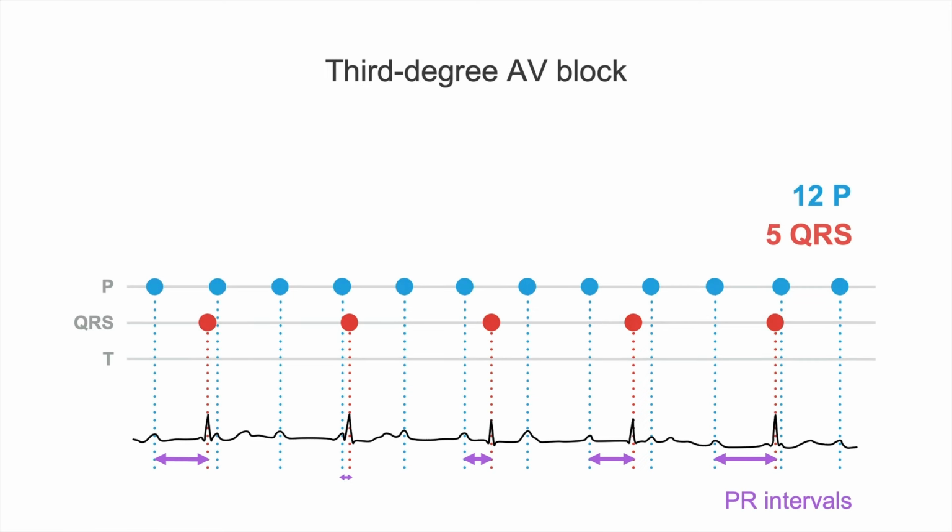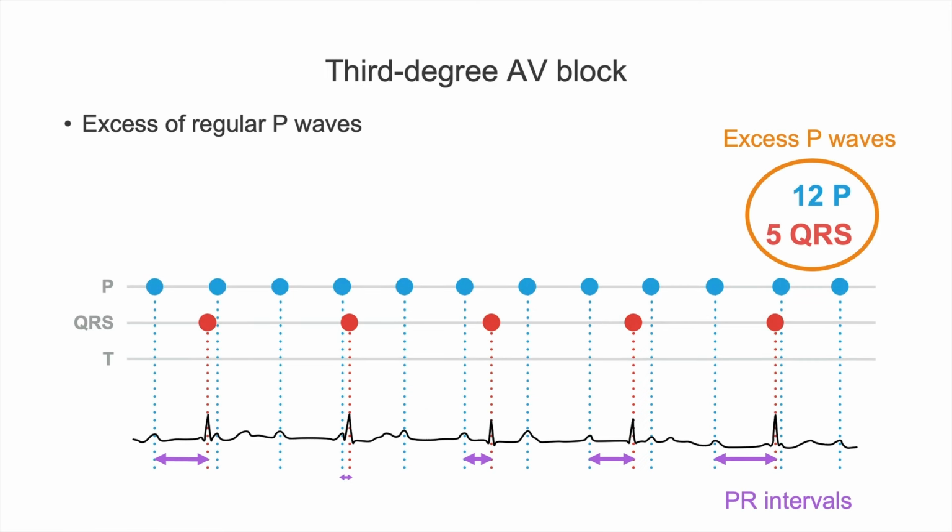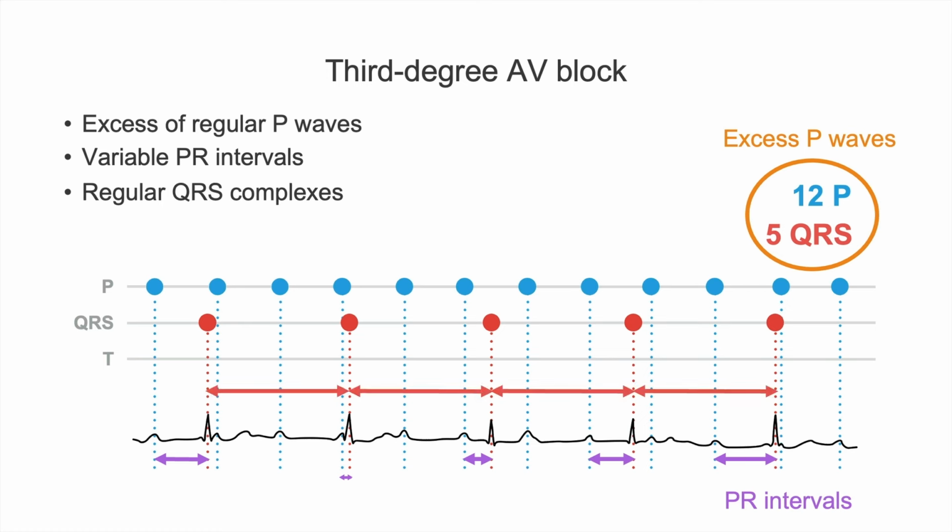First of all, in third-degree AV block, there is an excess of regular P waves with more P waves than QRS complexes. And the P waves appear at regular intervals. Secondly, the PR intervals are variable. And thirdly, the QRS complexes appear at regular intervals.